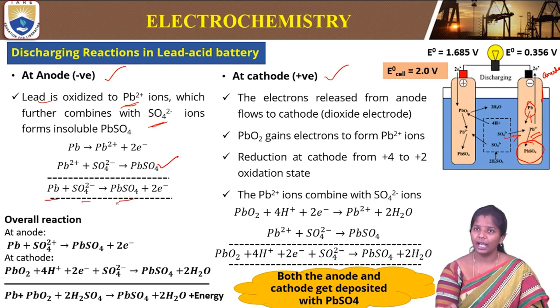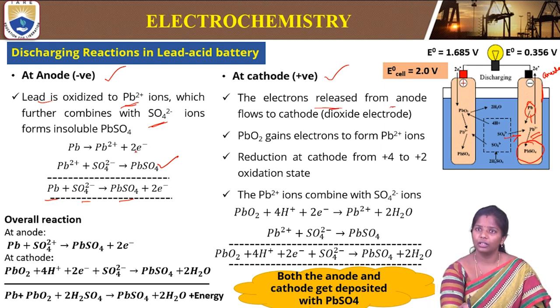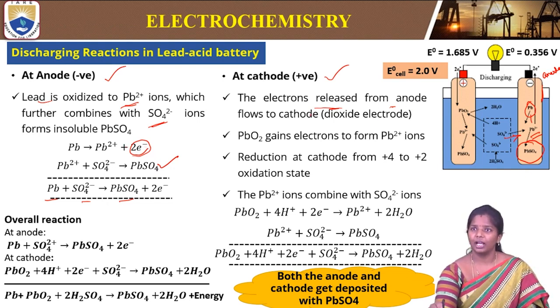So what happens at the cathode? The electrons released from the anode. There are 2 electrons that are released from the anode, and they flow to the cathode. As we see from the diagram, the electrons are flowing through the circuit to the cathode.